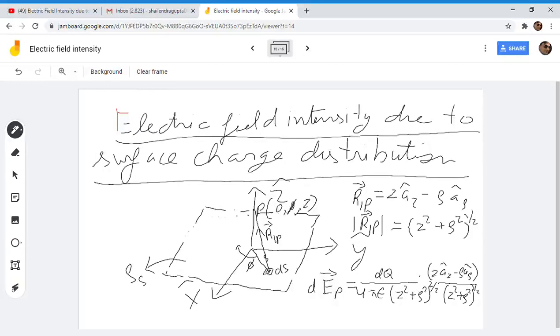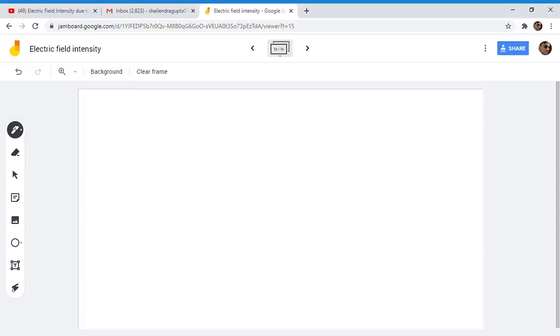So we can write this expanding our dq. So dE will become rho s ds upon 4 pi epsilon, rho square plus z square to the power 3 by 2, towards rho a rho or z az, I feel.